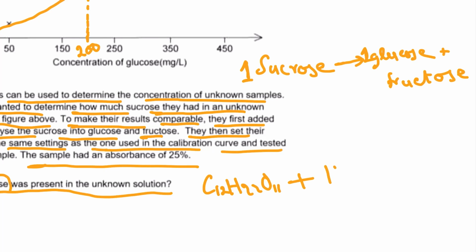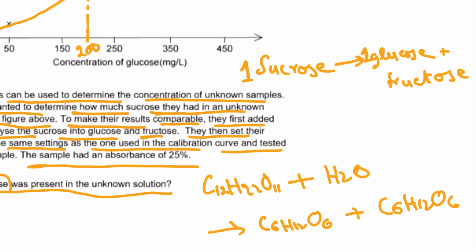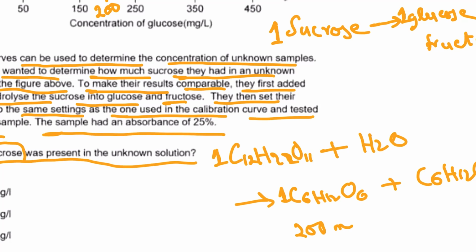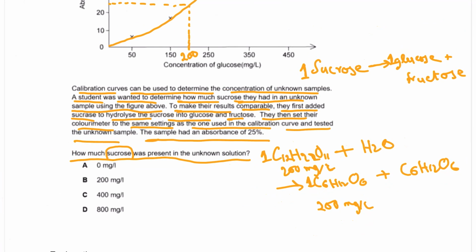When hydrolyzed, it forms C6H12O6, this is glucose, plus C6H12O6, this is fructose. So always remember this point, that the ratio is 1:1, 1 mole to 1 mole. So the concentration of glucose will be same as the concentration of sucrose. If glucose is 200 milligrams per liter, same will be the concentration of sucrose, that is 200 milligrams per liter. The answer is B.